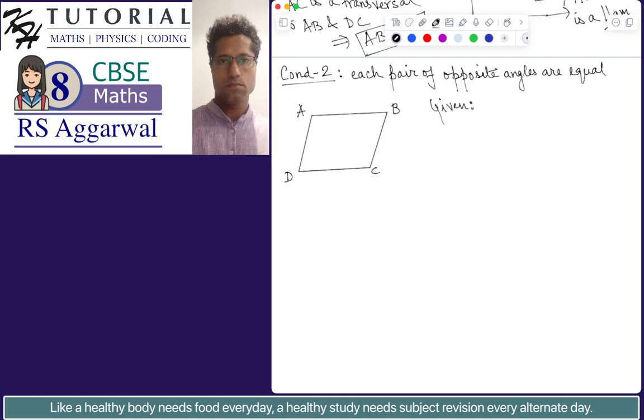It is given that angle A is equal to angle C, as they are opposite angles, and angle B is equal to angle D. That is, each pair of opposite angles are equal. How can we now prove that ABCD is a parallelogram? That is, we need to prove that AB is parallel to DC and AD is parallel to BC.